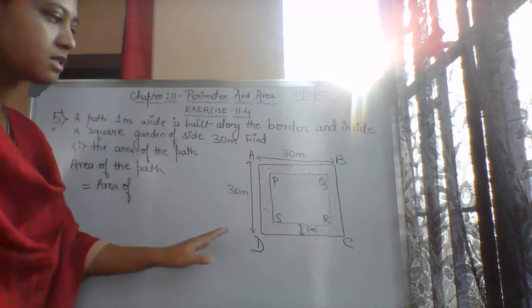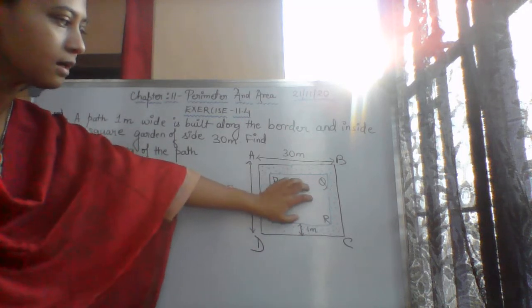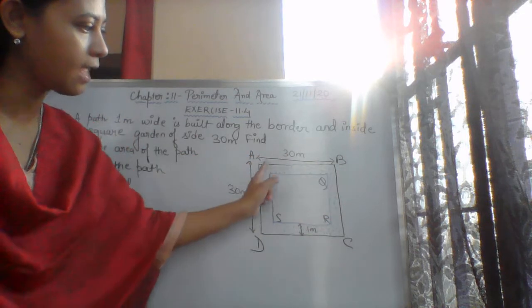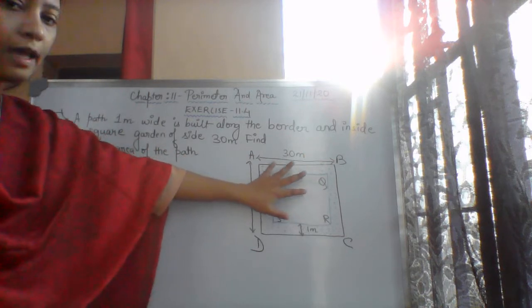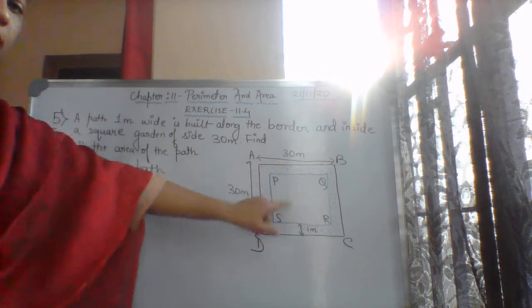From which part are we going to subtract the inside part? From the whole square ABCD, from this total area, the area enclosed by the bigger square.